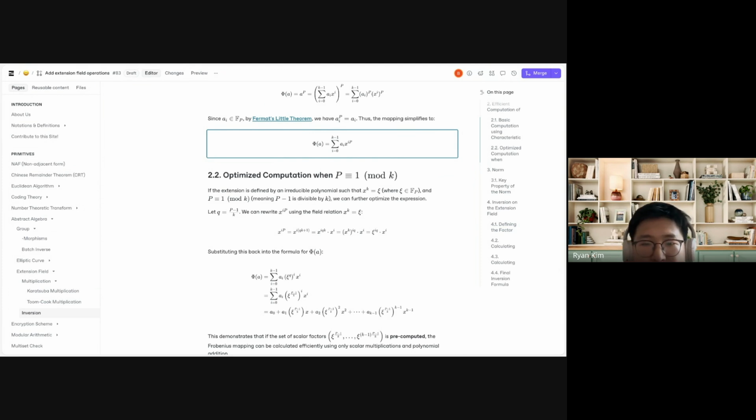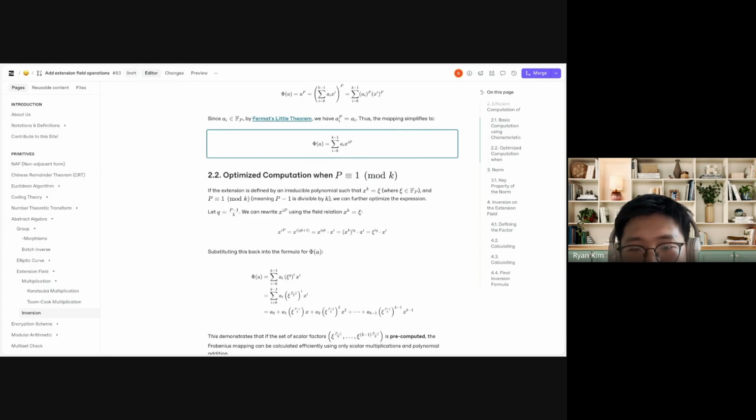Then for every x to the i P, first let's set q to p minus 1 over k. Then i P can be rewritten as something like this.